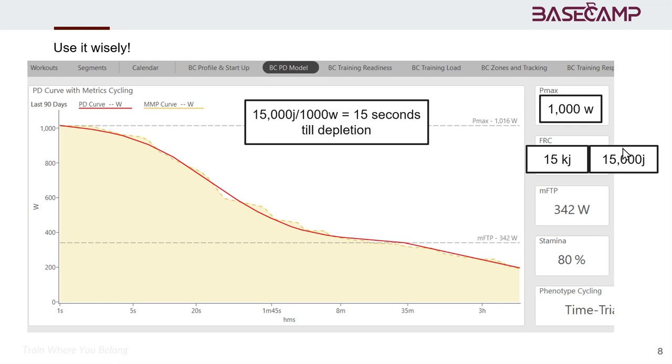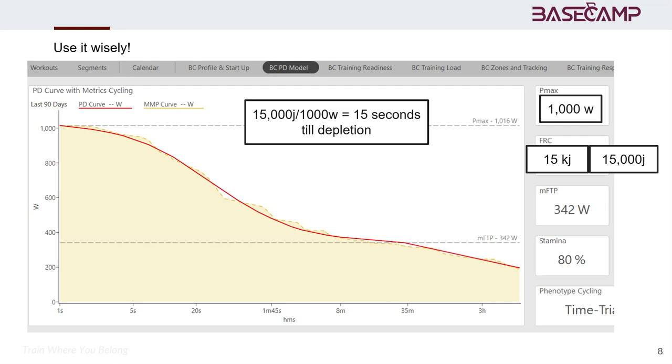It's not just the size of the tank, how much fuel you have available. There's a neuromuscular demand, there's a neural coordination demand, there's ATP demand. There's different factors impacting that. But in a perfect world, if you just isolated that FRC, they could do 1,000 watts for 15 seconds.